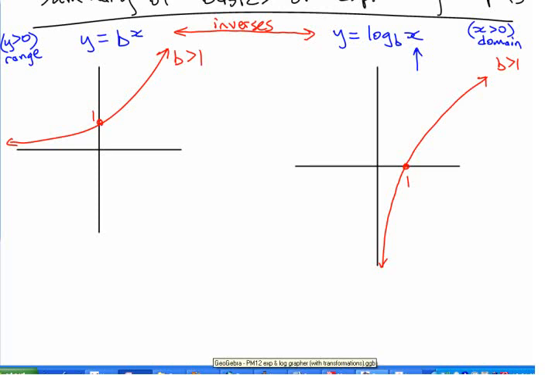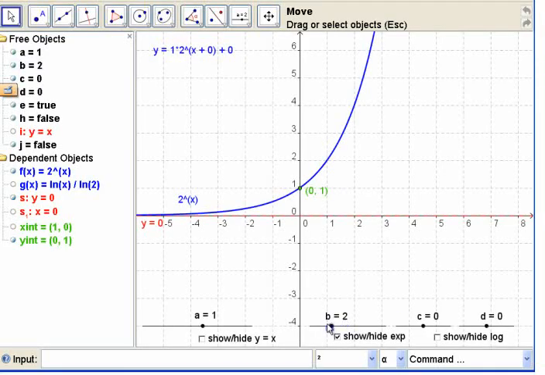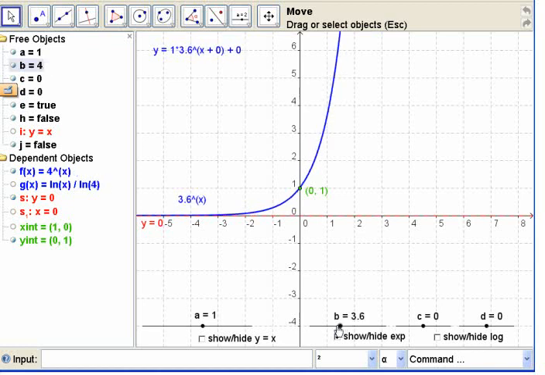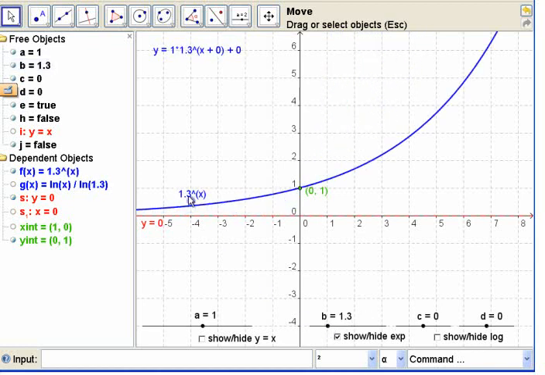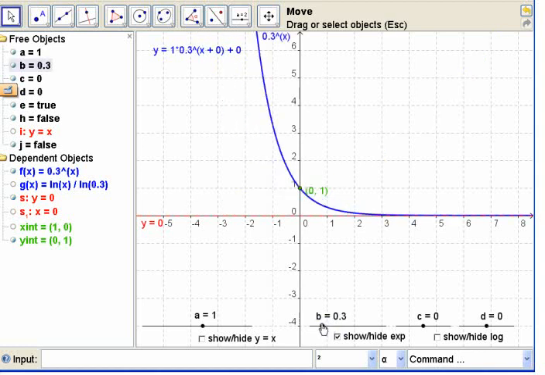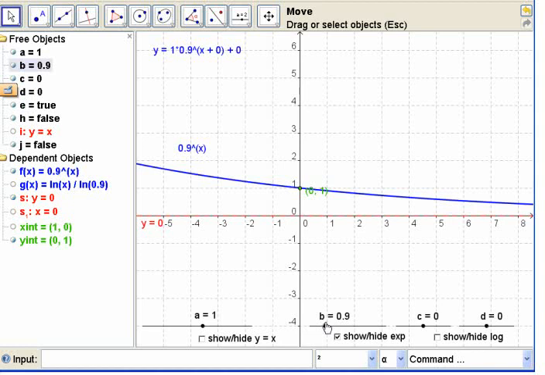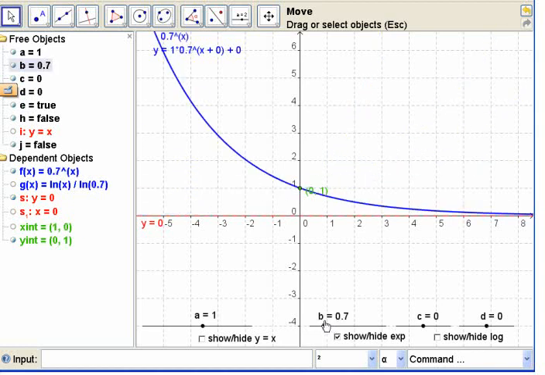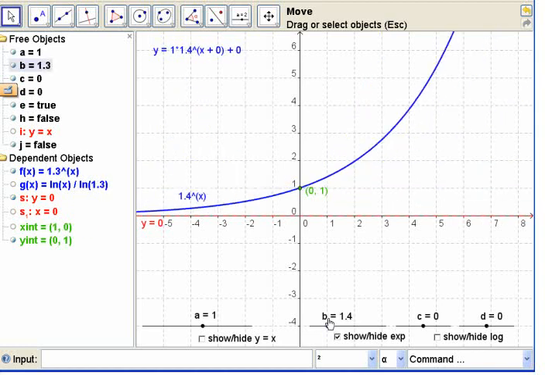Let's go back to this for a second. You've seen this before. If I change the base on this, when you have a base that's bigger than 1, like 1.3, all that, it goes up to the right. If you make the base smaller, it goes down to the right for an exponential graph. Up to the right, down to the right. Yeah, it's exactly like that.